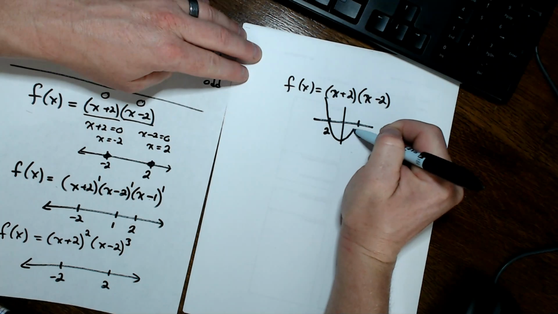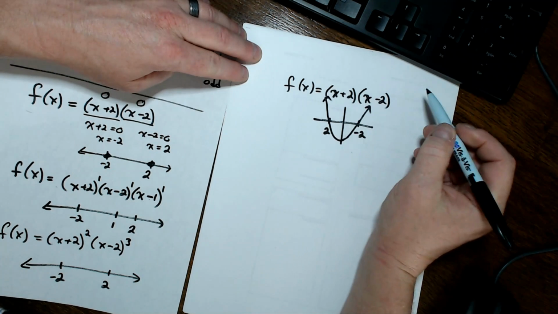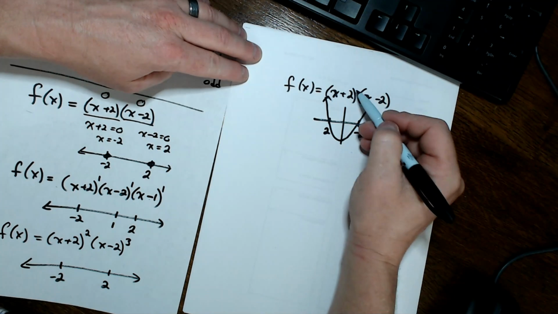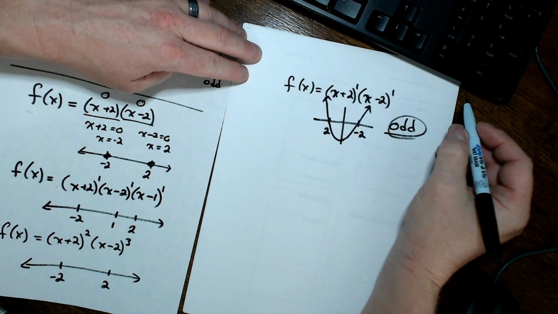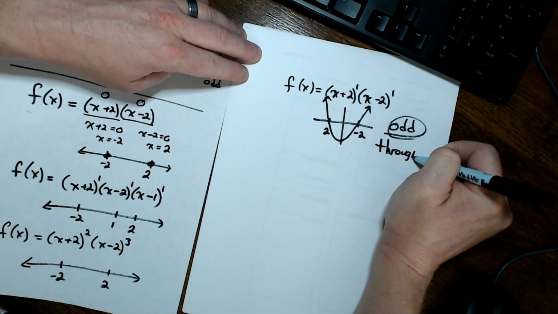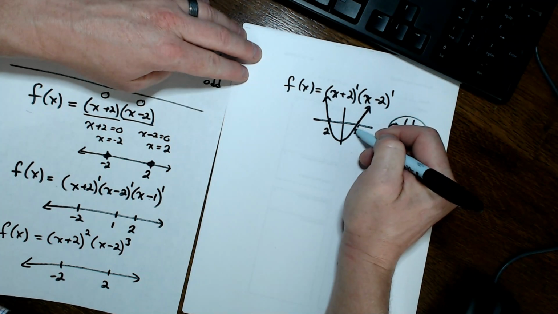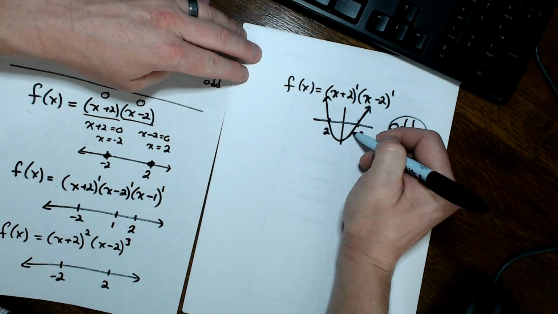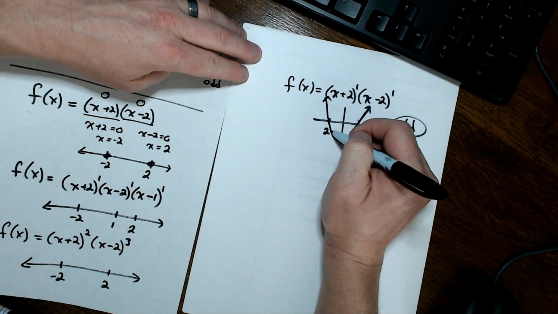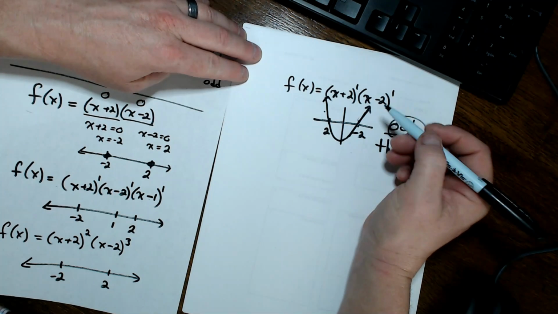I know that my graph is going to look like this. Anytime that you have an odd multiplicity, where your factors are going to be 1, 3, 5, or whatever, you're going to go through the graph, meaning that this graph is going to go actually through from the positive side to the negative side, or vice versa, the negative side to the positive side.